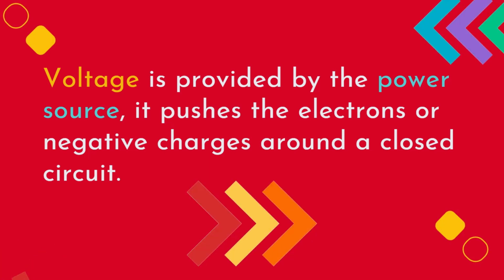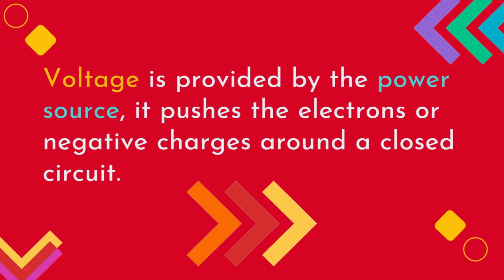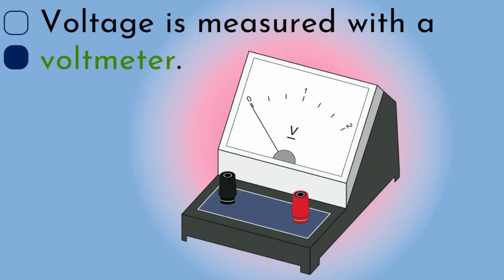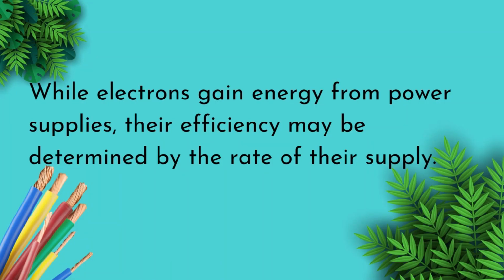Voltage is provided by the power source. It pushes the electrons or negative charges around a closed circuit. The SI unit of voltage is volts. Voltage is measured with a voltmeter. While electrons gain energy from power supplies, their efficiency may be determined by the rate of their supply.